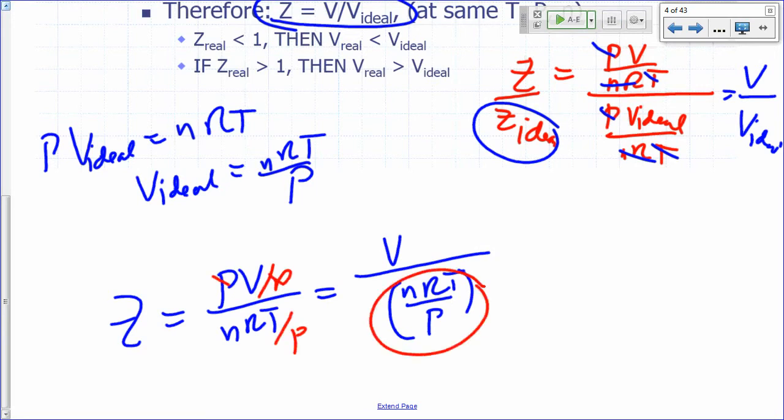But what is this down here? That's the volume you would calculate if the gas was behaving ideally. So in other words, this is the actual volume divided by the ideal volume.